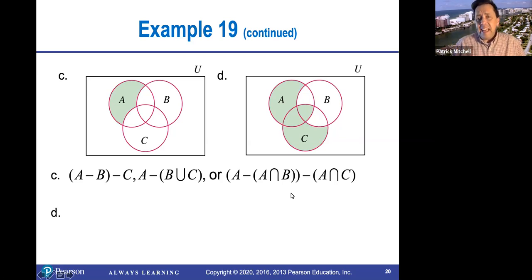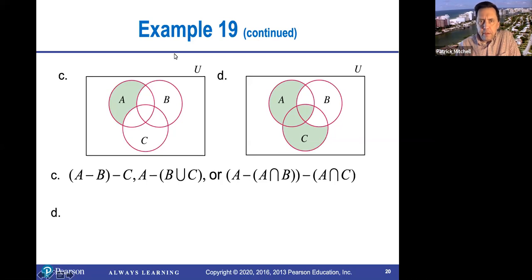All right, now D is kind of ugly. I don't even know a simple way to describe this. It looks like you start off with A union C, then you throw out everything that's in B, except you need this part back, all right? So let me bring my pen up here for a second.